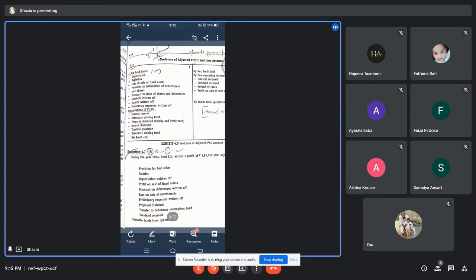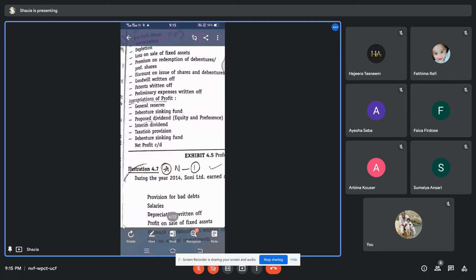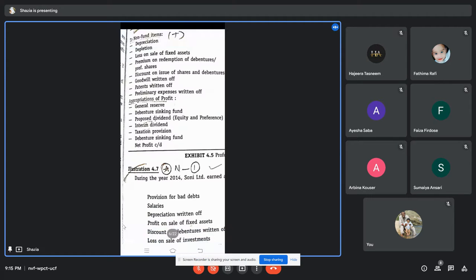Taxation provision, I told you to mention in that format. If it is not taken in the change of working capital, it will be considered here in this format. Then debenture sinking fund again. They have repeated it twice here, so only one you can take.